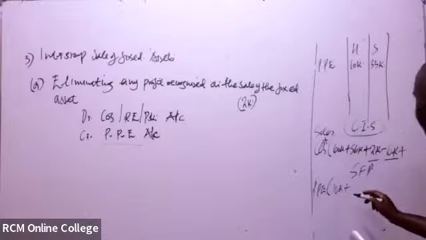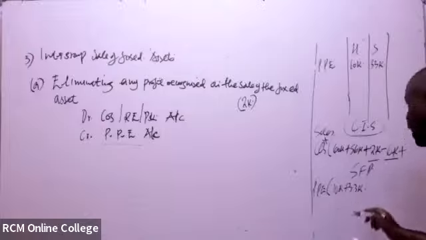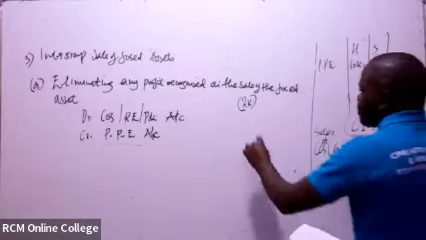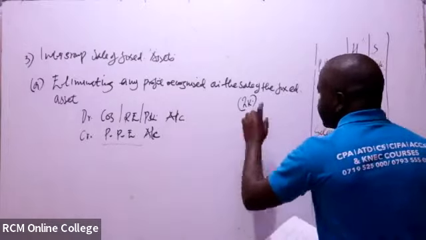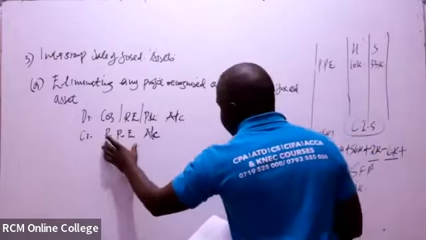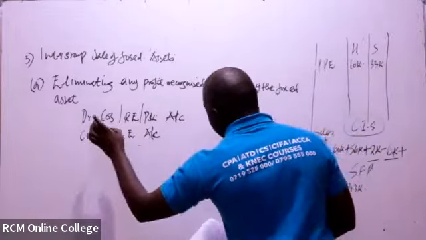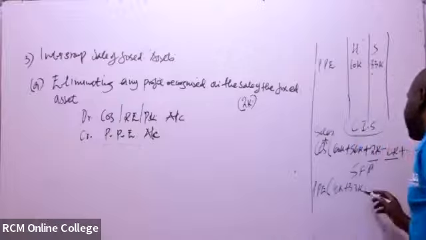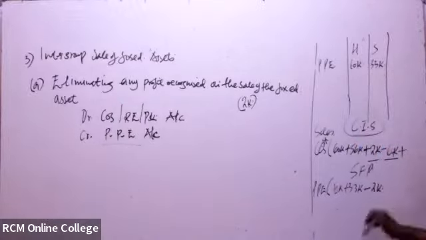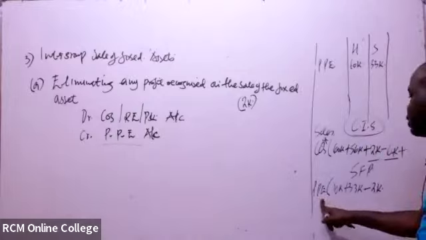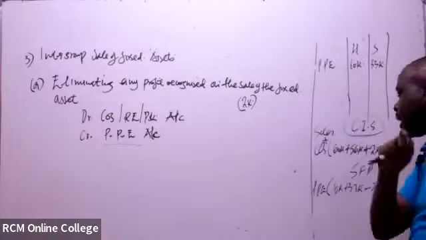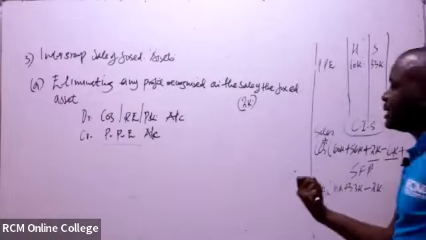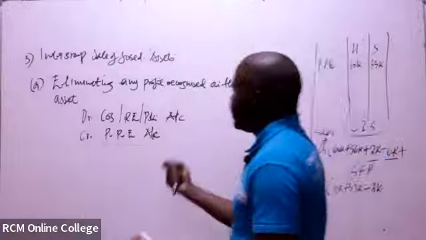We are going to add 33K, but now we have to remember there was unrealized profit on sale of fixed assets, which in this case has to be adjusted in property, plant and equipment. If you're having to credit, it means you will deduct 2K here. Crediting the property, plant and equipment means you are deducting from that account, because it's an asset. When an asset is credited, you are ideally having to minus.